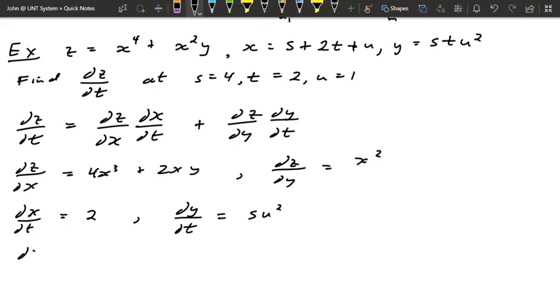All right, then finally we're going to take del z del t at 4, 2, 1. That means s equals 4, t equals 2, u equals 1.